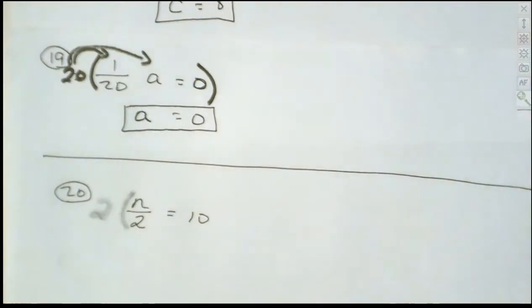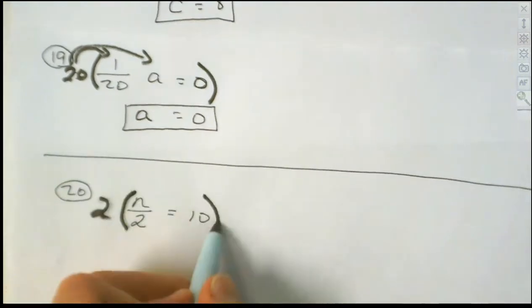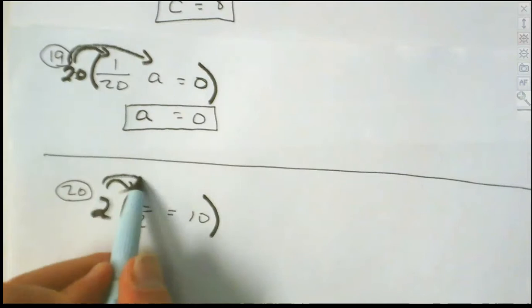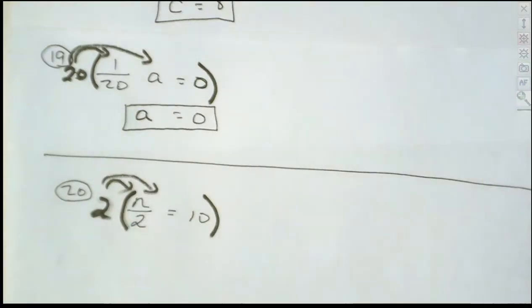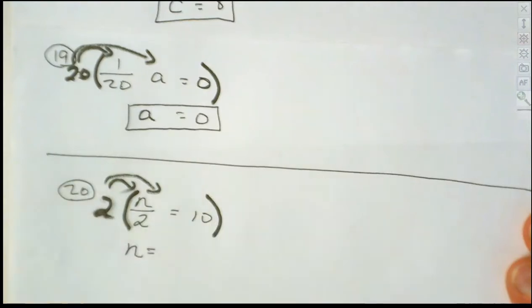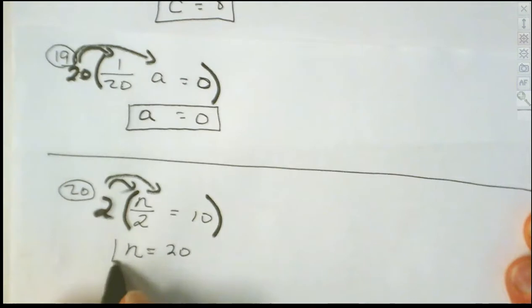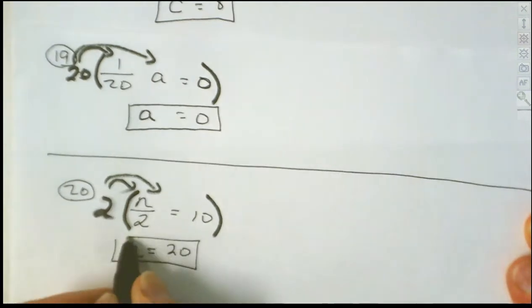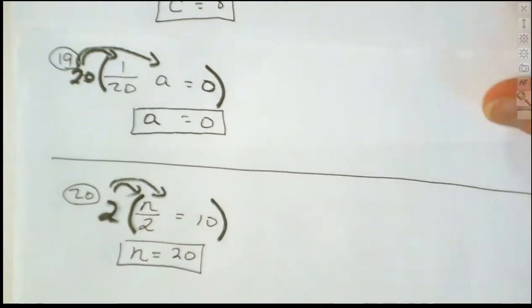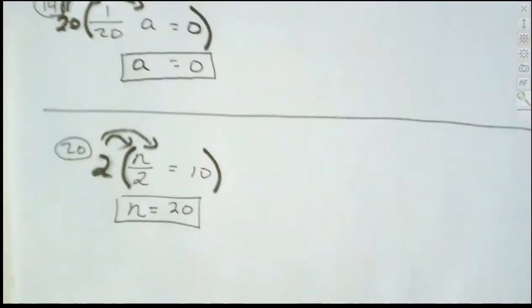And that's going to clear them out. So we're going to multiply everything by 2. And the 2s cancel. That leaves you with an n. And 2 times 10 makes it a 20. So that's what we've got so far there. So that's where we're at.